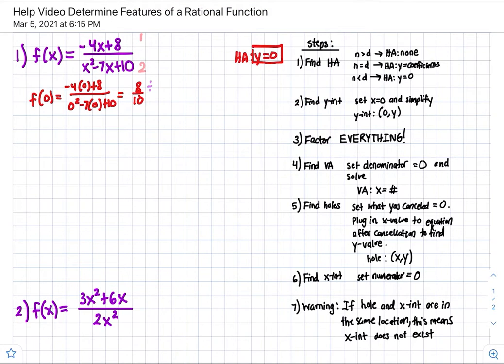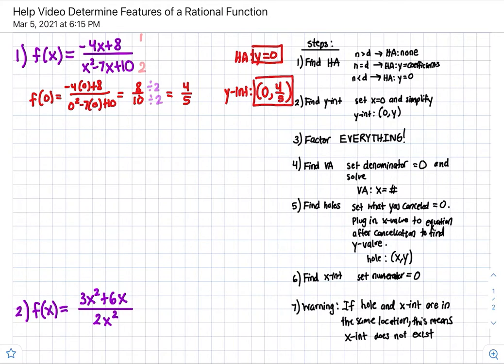You can simplify that more by dividing top and bottom by 2. 4 fifths. Now remember, our y-intercept is a coordinate, so it's 0, 4 fifths. So that's step number 2.